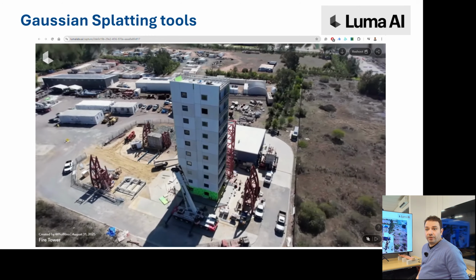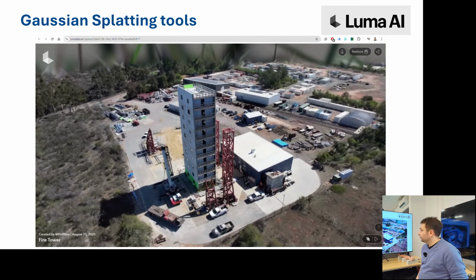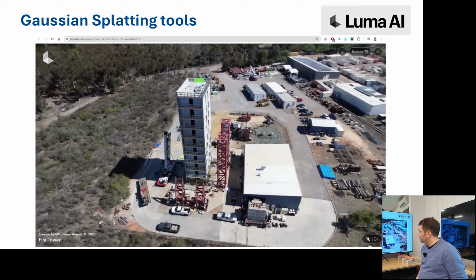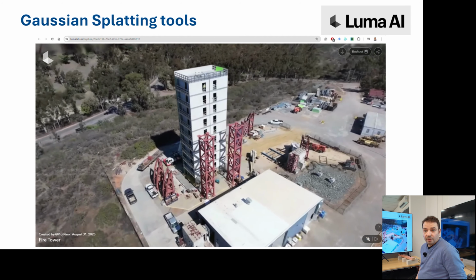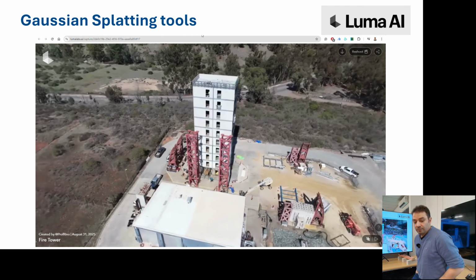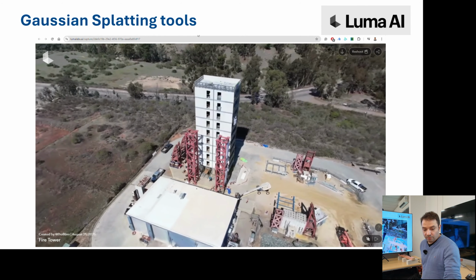Even better than the one before. It's not a video, it's just a 3D model. In fact, you don't see any car moving, because sometimes I need to tell people I'm not cheating here.